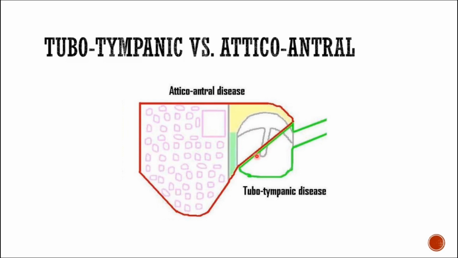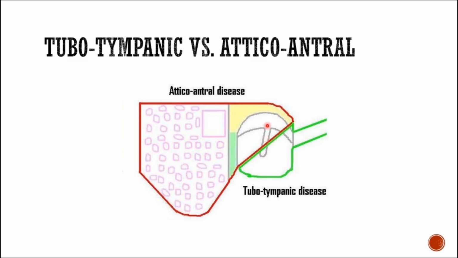The other characteristic feature of this differentiation is that this entire thing is lined by respiratory epithelium. More towards the eustachian tube, towards the nasopharyngeal end, there will be respiratory epithelium. Then as we come inside, it will be replaced by cuboidal epithelium. And in the attic region, it will be pavement-like epithelium.